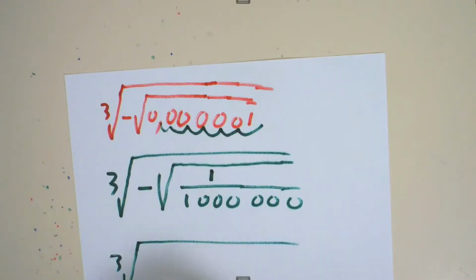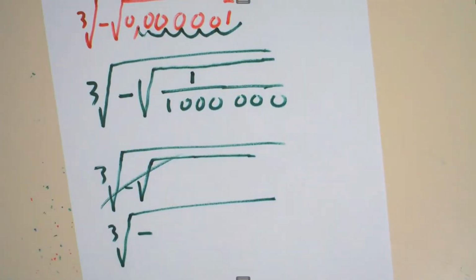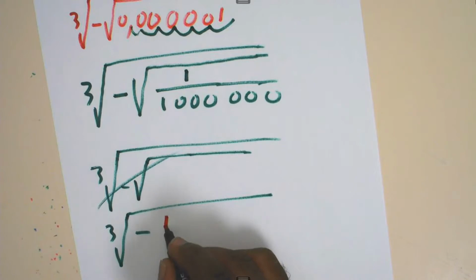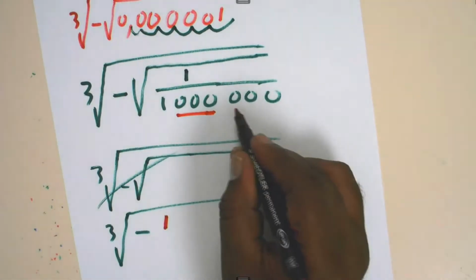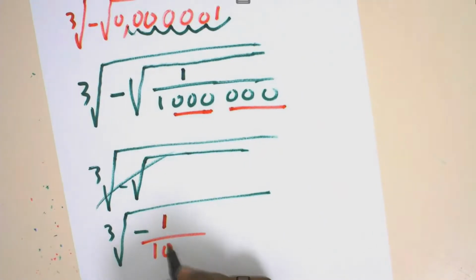Cube root, let's see the square root of this. What makes 1 a square? It's a 1. What makes a million a square? It's 1,000 by 1,000.